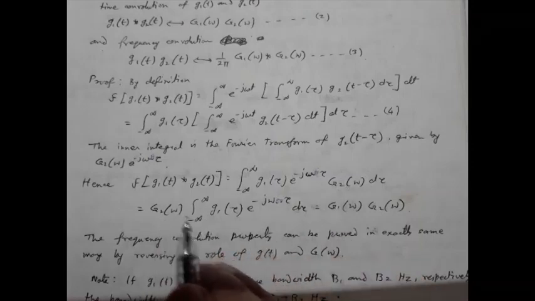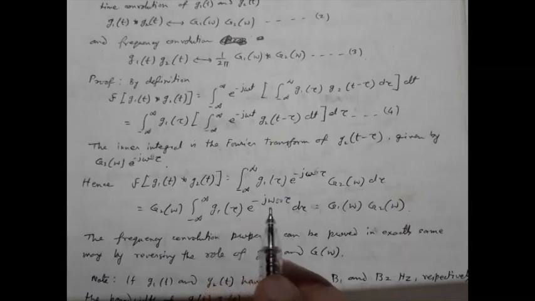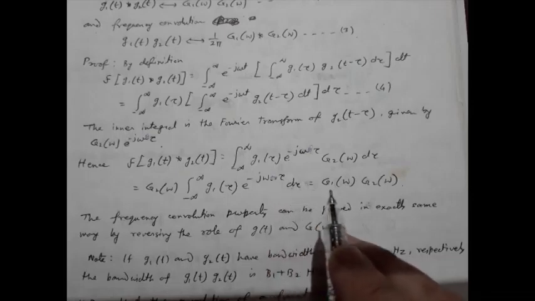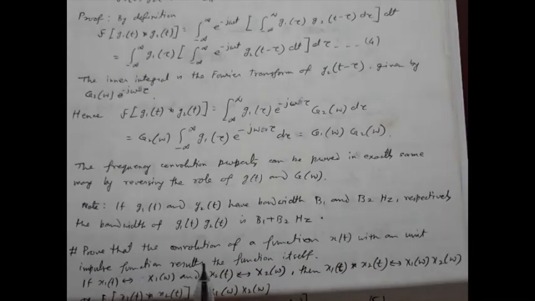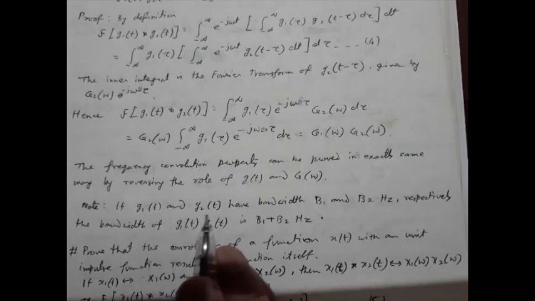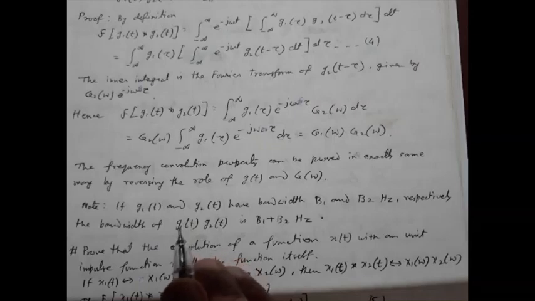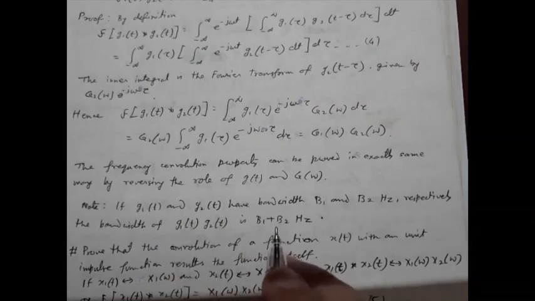So we have G2 omega times the integration from minus infinity to plus infinity of g1 tau e to the power minus j omega tau, which is nothing but G1 omega G2 omega. Now if g1 and g2 have bandwidths of b1 and b2, then if we multiply these two signals, the bandwidth will be b1 plus b2.